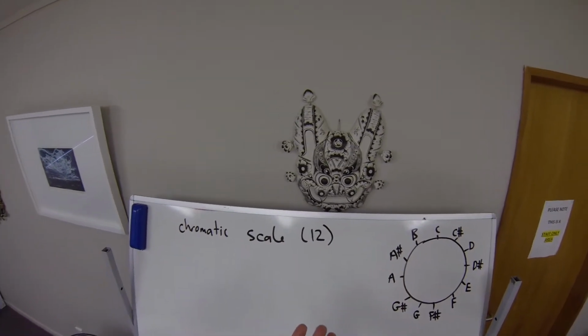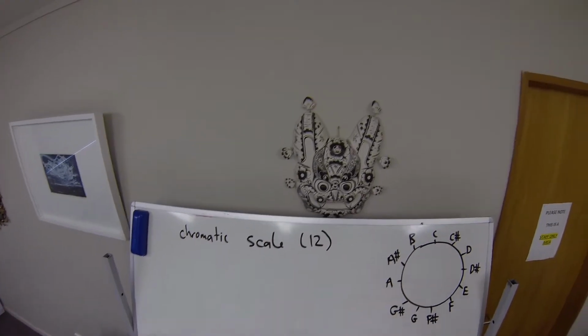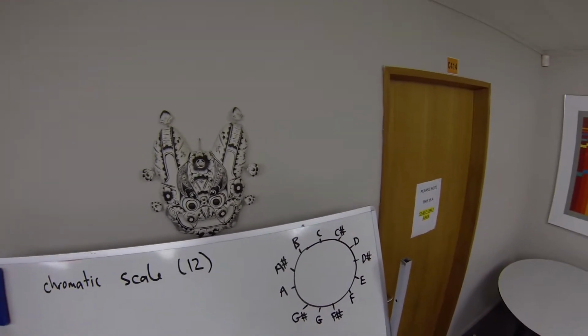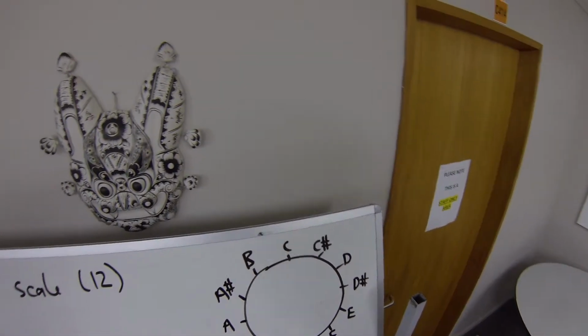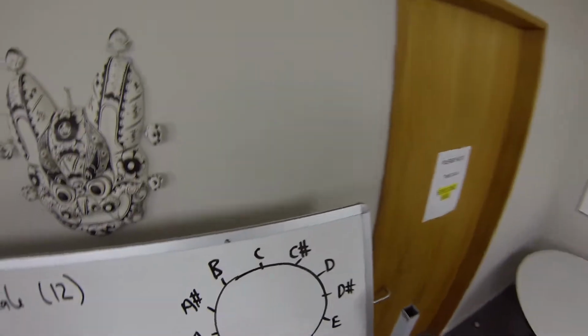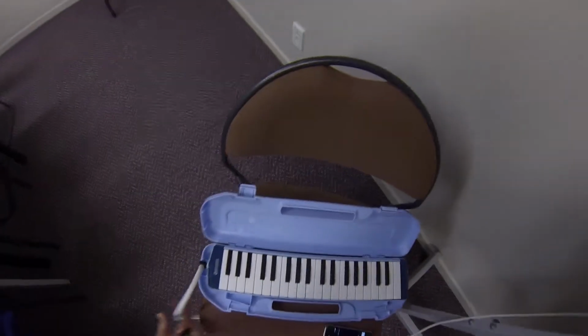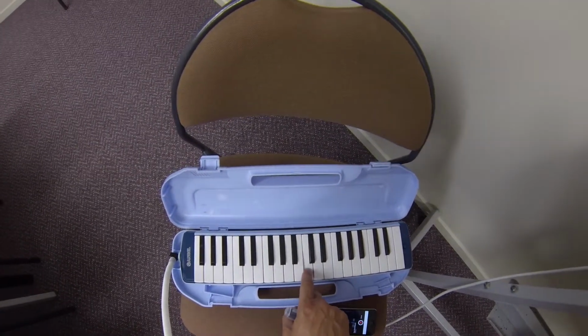So you'll see, quite often I'm using 8 notes. Do, re, mi, fa, sol, la, ti, do, rather than the 12, which means I must be missing some notes out. I'll get my C again. I'm going to sing up a C major scale, which actually is going to use all these white notes from C up to C, and it's not going to hit any of the black notes.